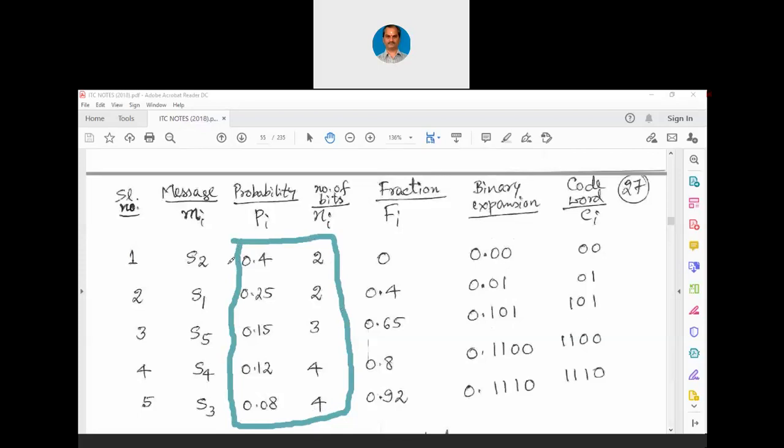Now that is satisfied here. 0.4 is larger, represented by 2 bits. 0.08 is smaller, represented by 4 bits. So the logarithmic nature of the I of m, the self-information, is satisfied here. That is what we wanted, right, in the first place. So that is how we find out the number of bits for each message.